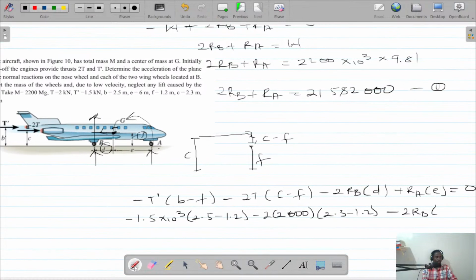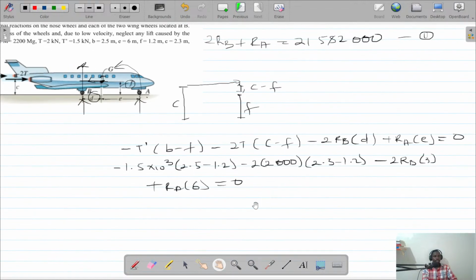Yeah, 3. And the other guy, E. So let me bring it plus RE, and E is what? 6 is equal to 0. So you see, from here we can make some equation with RA and RB as well here.